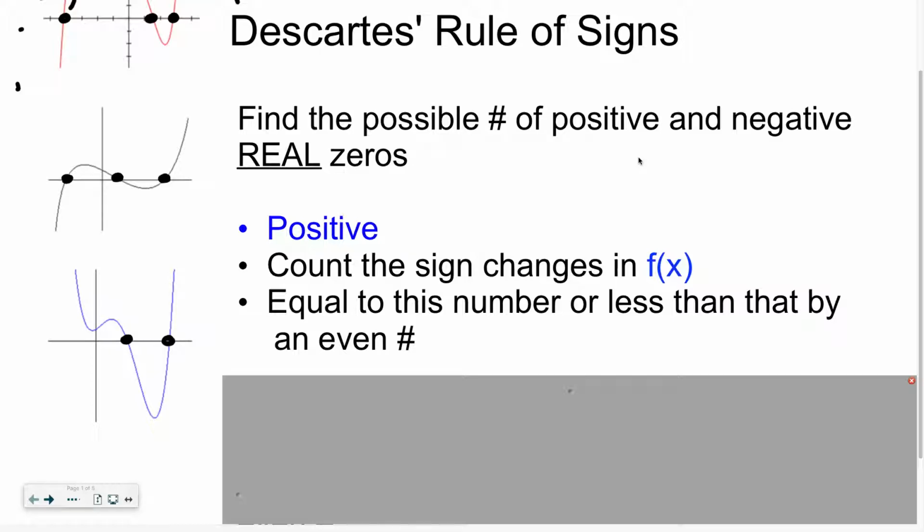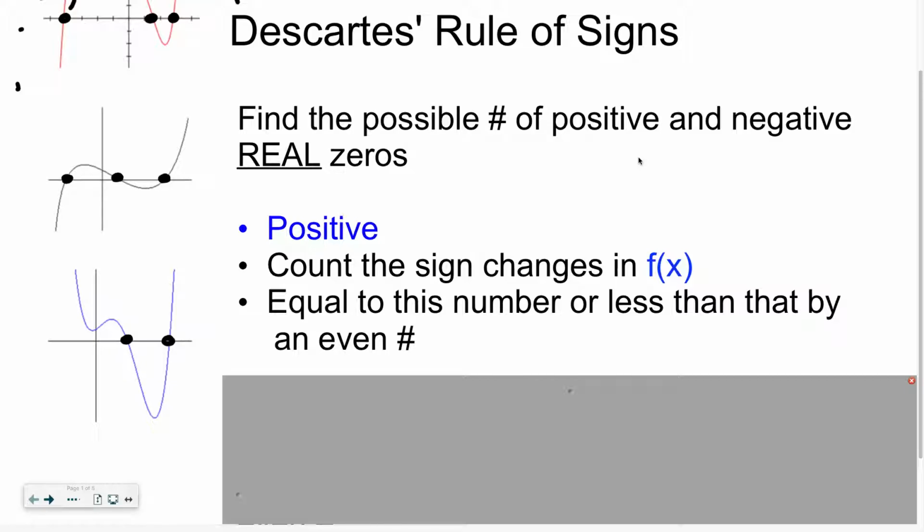Okay, before we get into our actual examples, I've got a polynomial up here, so I just want to talk real quick about what I mean by sign changes. I have f of x equals x to the 4th minus x cubed plus 2x plus 5. Each term has its own sign. What's the sign of the first term, x to the 4th?